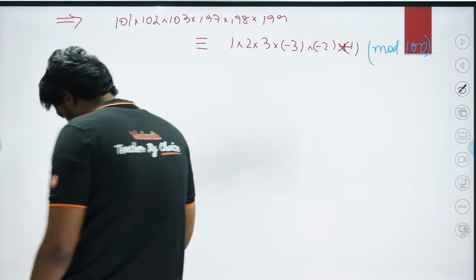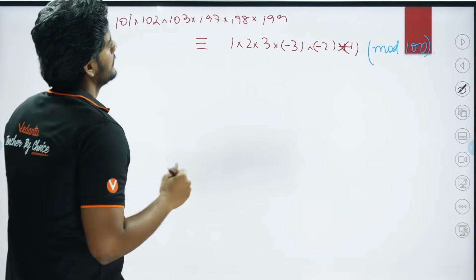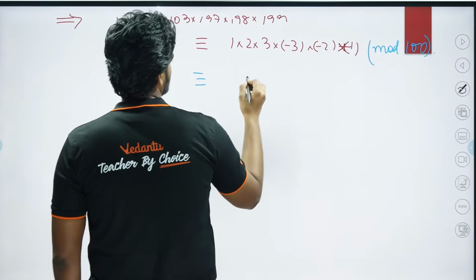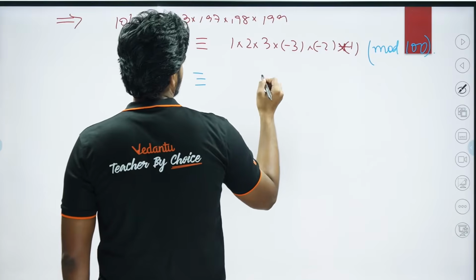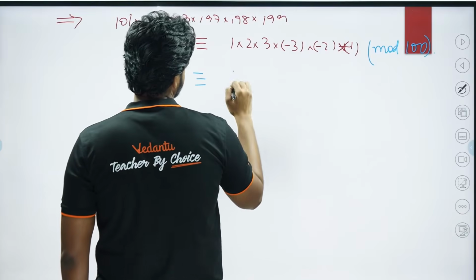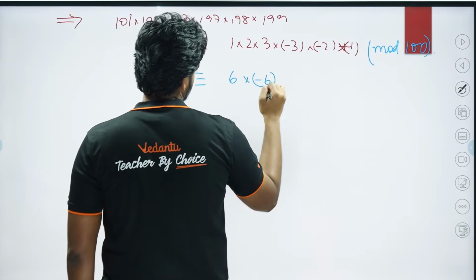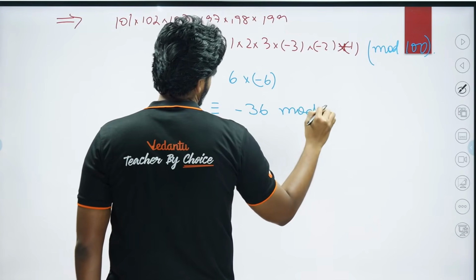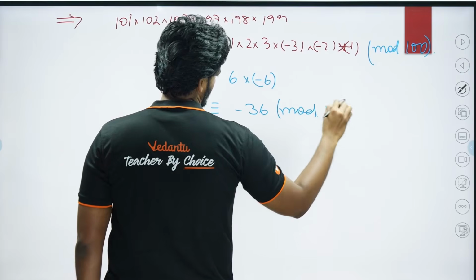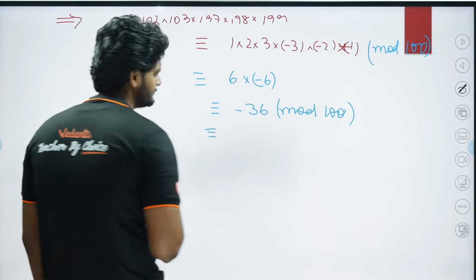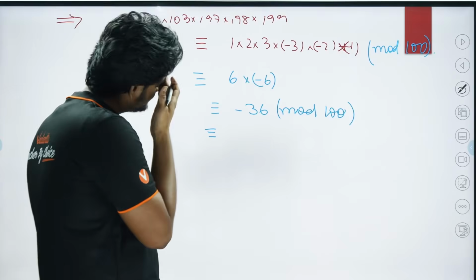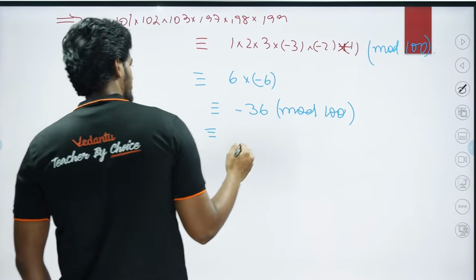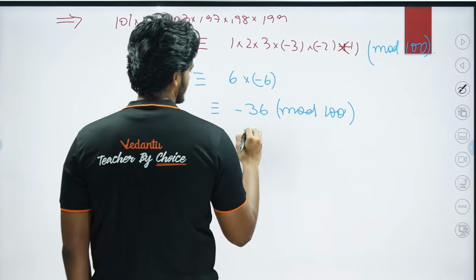Okay, so that's simply congruent to 6 into minus 6, minus 36 mod 100, which is congruent to minus 36, meaning plus 64.